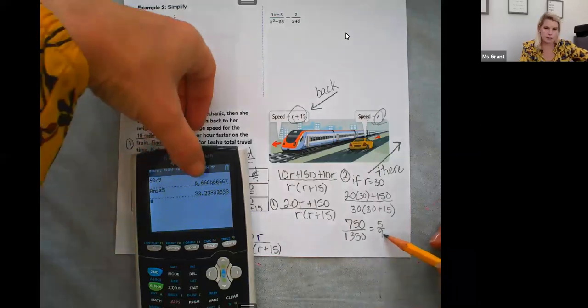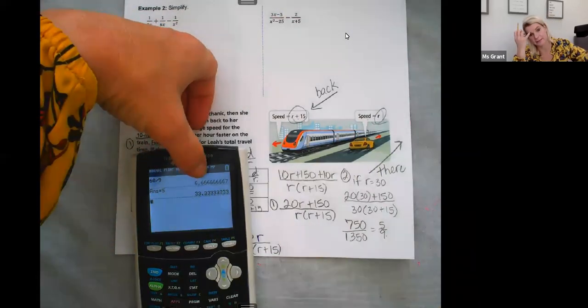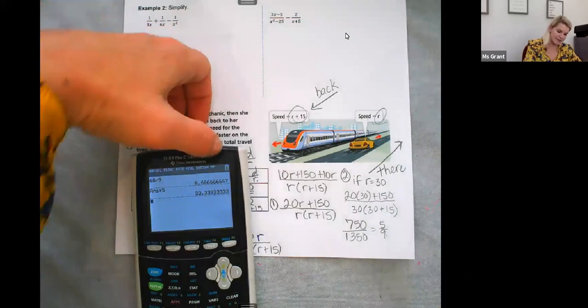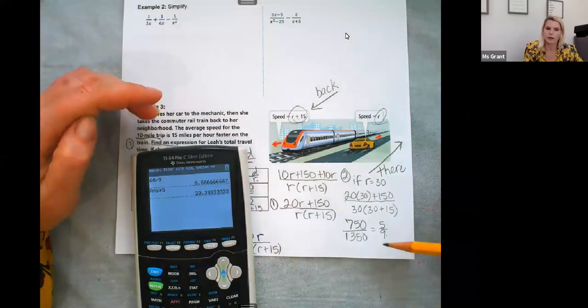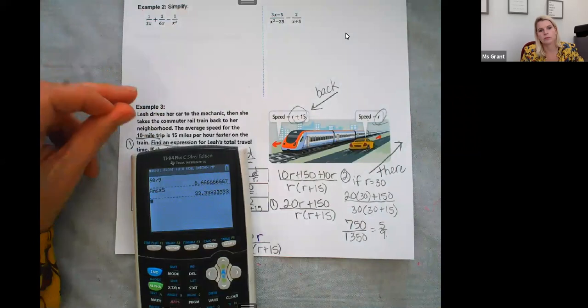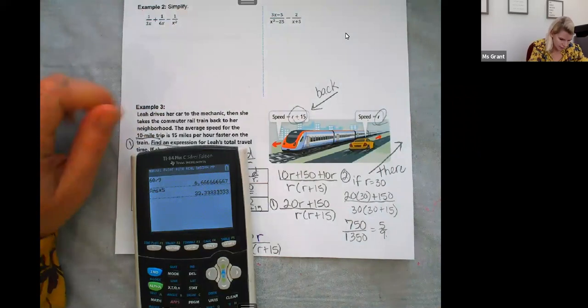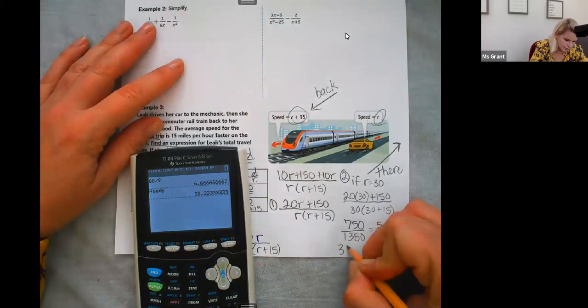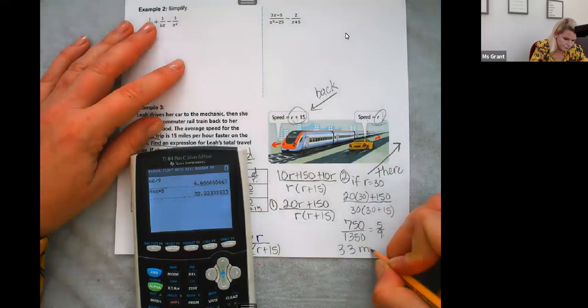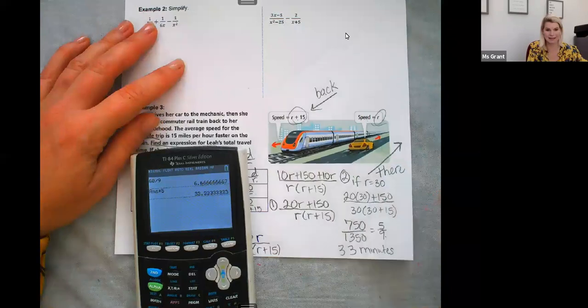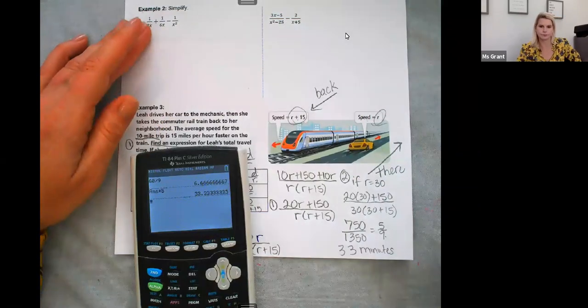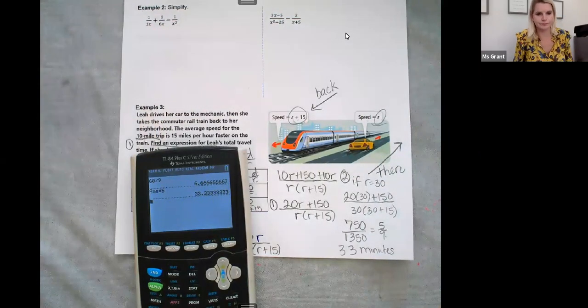Each part is 6.6 minutes. And if I want 5/9, then I'm going to do times 5 and get 33 minutes, approximately. 33 minutes and 20 seconds. But seriously, like 33 minutes.